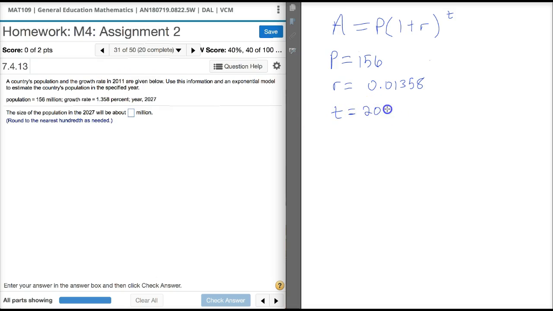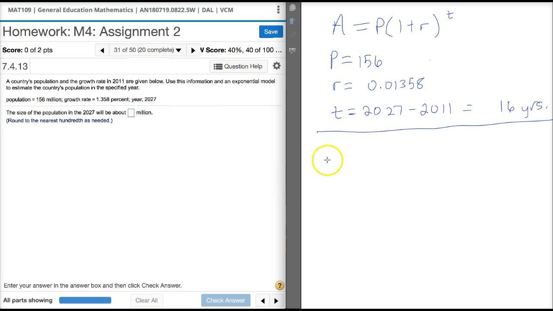So we have to do the difference in between 2027 and 2011. And of course, that will end up being 16. So basically 16 years.